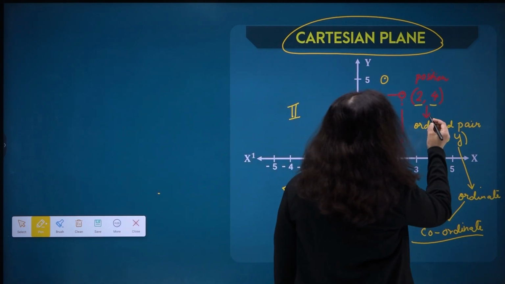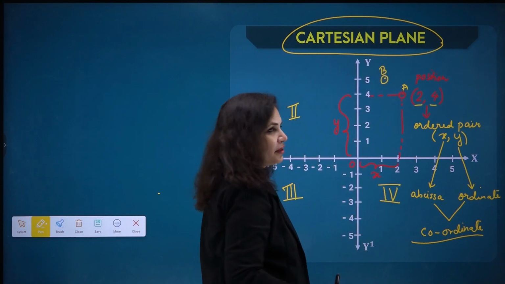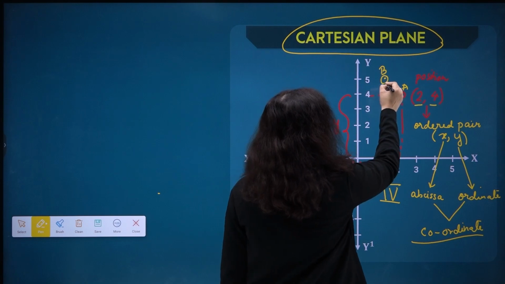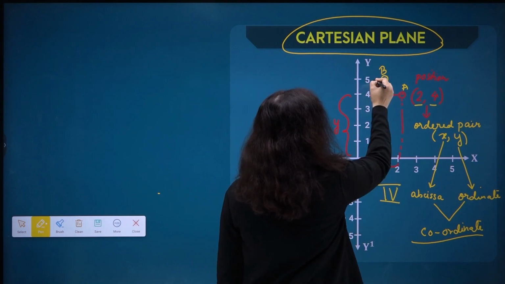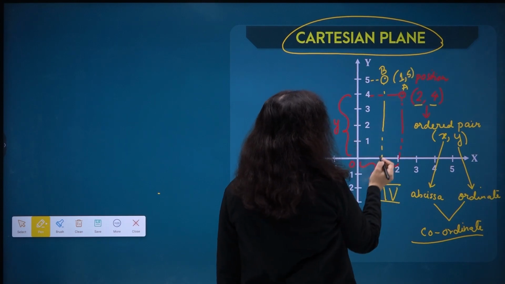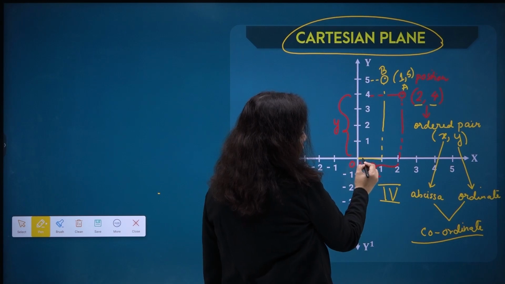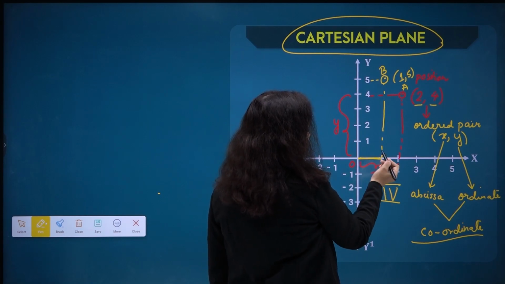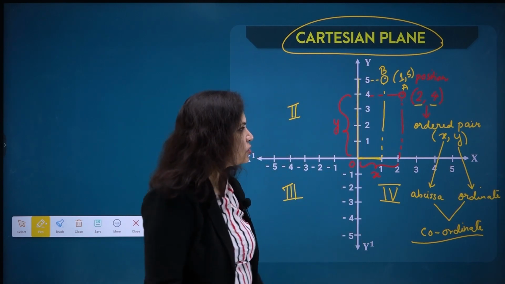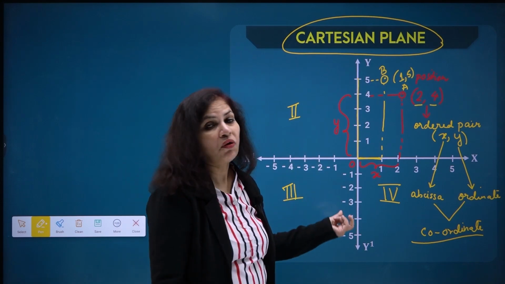Suppose my first point was A and this point is B. If I choose another point B, I can see that the ordered pair is 1, 5. The distance from the y-axis is 1 and the distance from the x-axis is 5. So if I choose any other point, I will get an ordered pair.